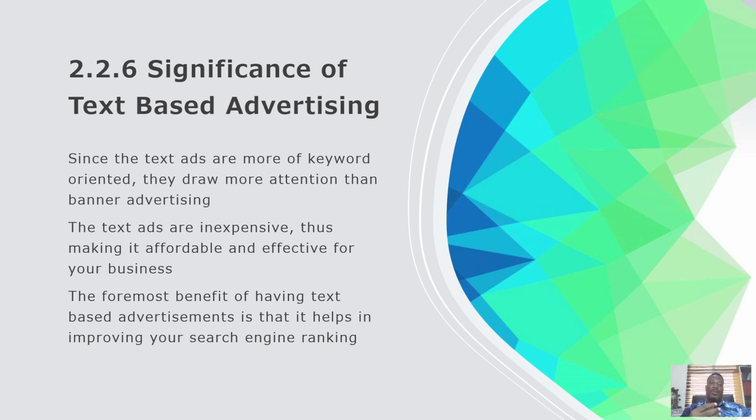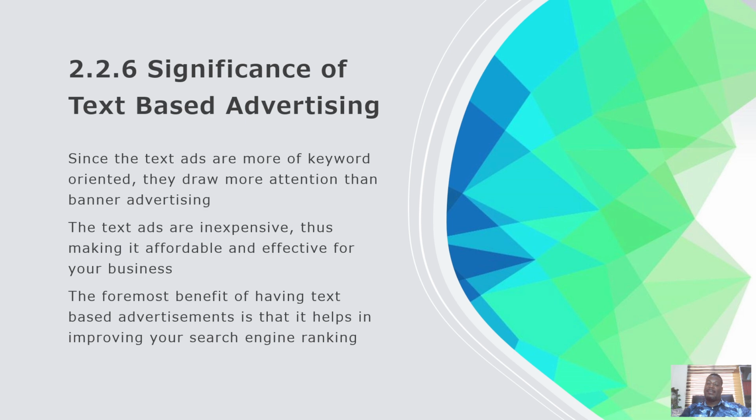So you should be able to draw more attention than the banner design advertisement that you know. There should be some keywords that catch people's attention. The text ads are inexpensive, therefore making them affordable and effective for most businesses. The foremost benefit of having text-based advertisement is that it helps in improving your search engine ranking. Now, this point is very key.